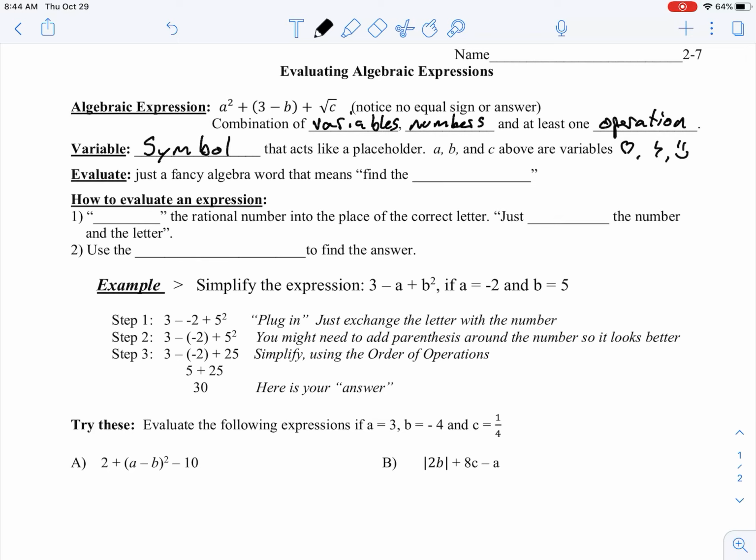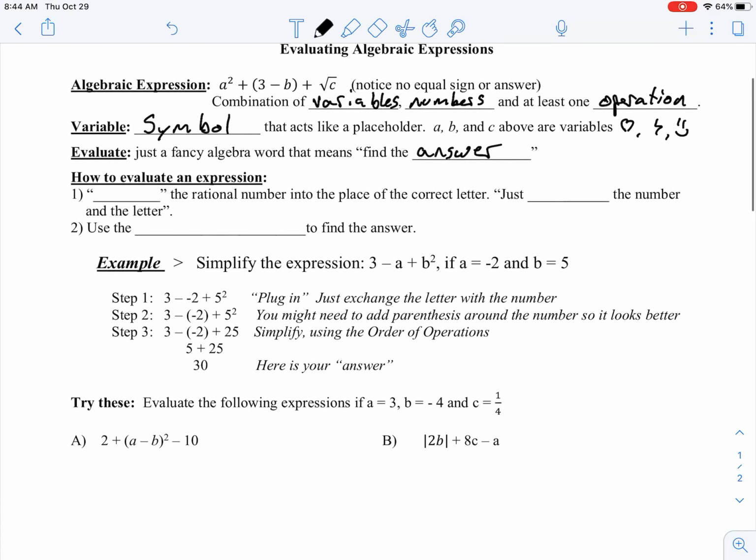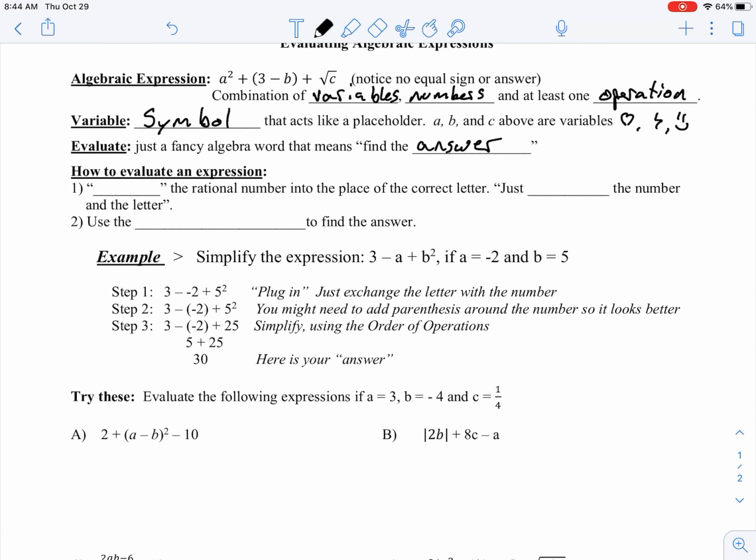And remember, to evaluate is just a fancy algebra term that means find the answer. We are working our order of operations down to turn our nasty looking expression there into a nice clean one number answer.